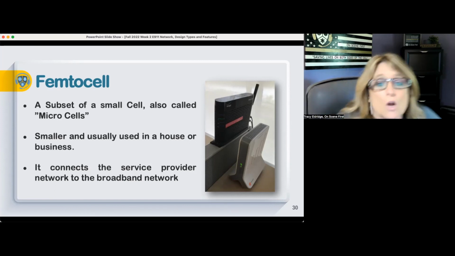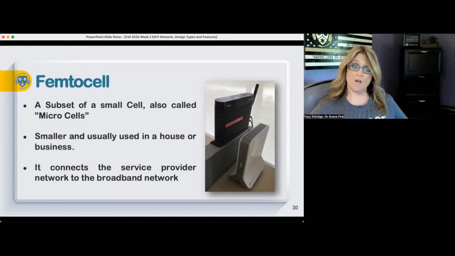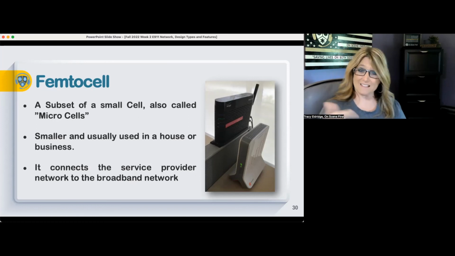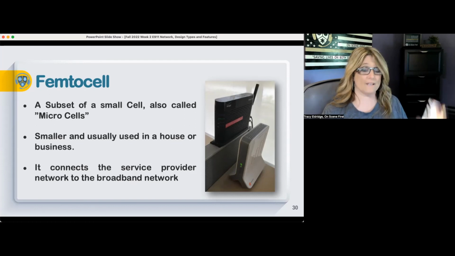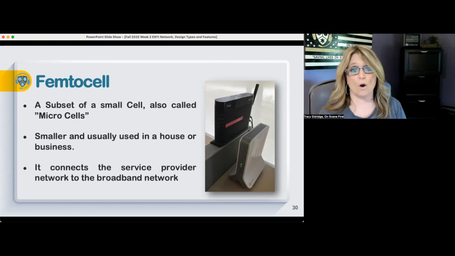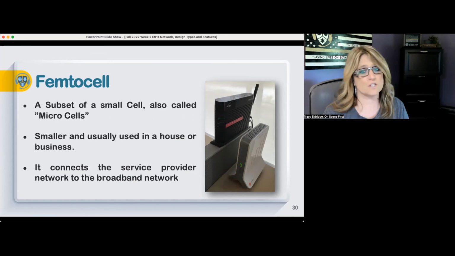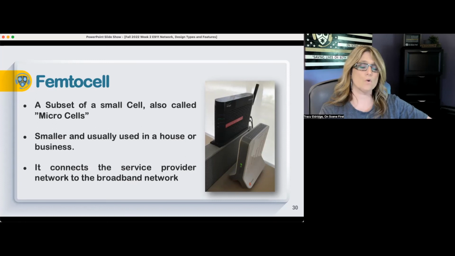These smaller ones are usually used in businesses and houses when the cell coverage inside the facility is poor. What it does is connect the service provider network to the broadband network. So if I have AT&T wireless and I'm sitting in my home and I'm not near a tower, my cell coverage is not great, I can get one of these femtocells, plug it in, and allow my phone to connect to it.